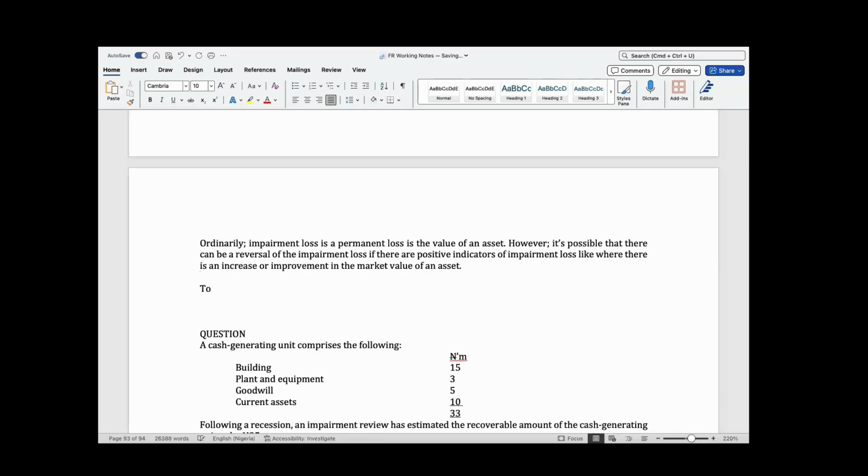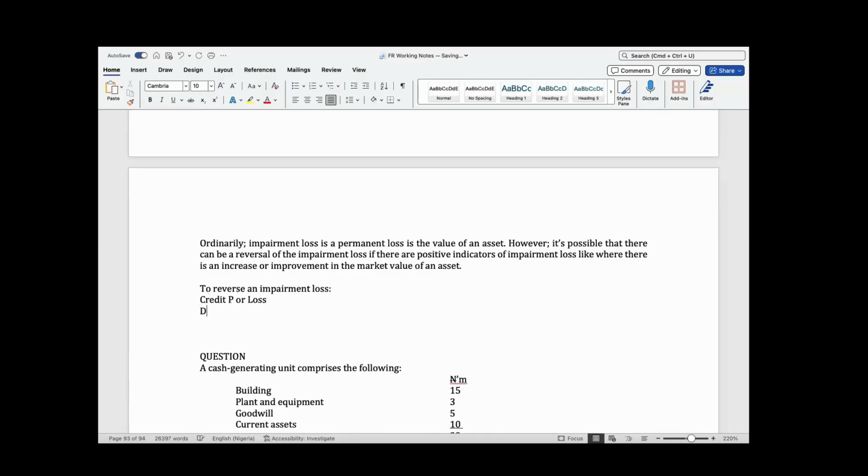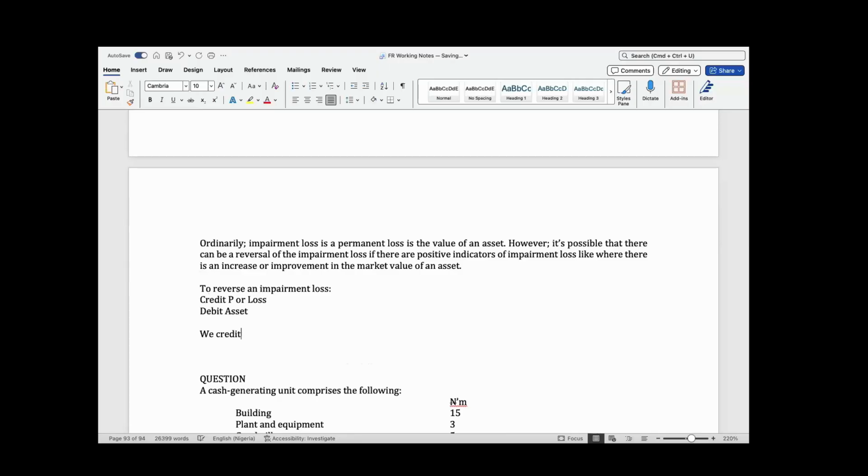To reverse an impairment loss, you just do a reverse. You credit profit or loss and debit assets.